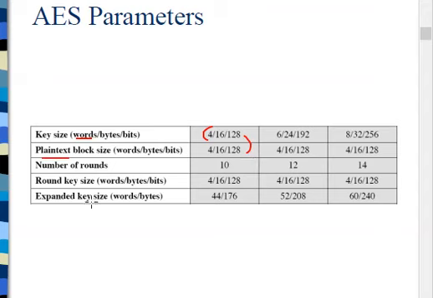Similarly, the keys that are obtained from our master key have the same length as the initial key here. And if we wish to expand the key size, we can expand it. Similarly for the other numbers of rounds, we can see the key size, plain text, and also the size of each round key.